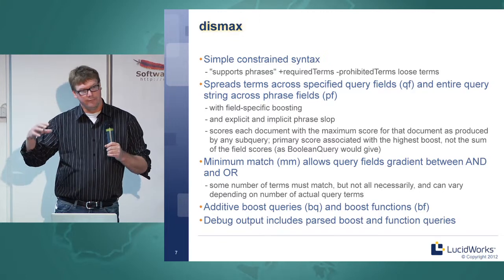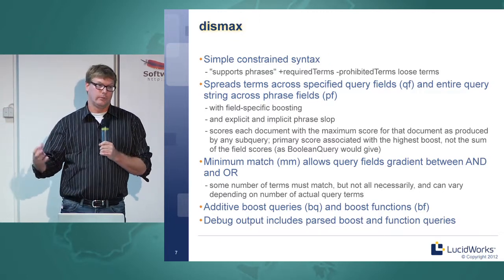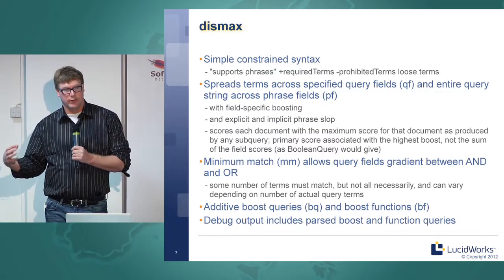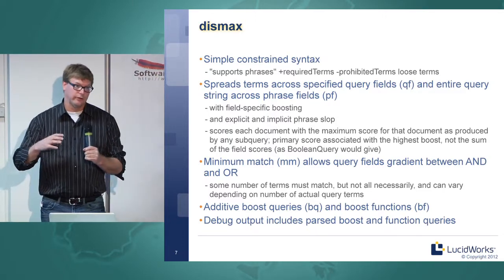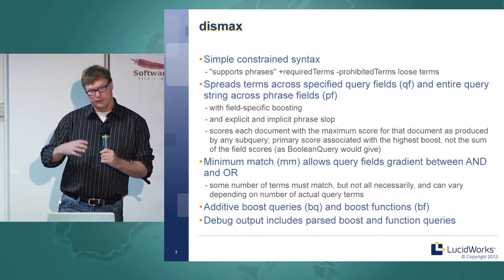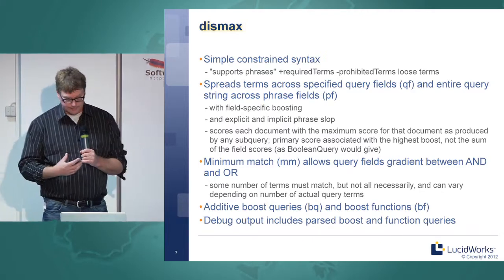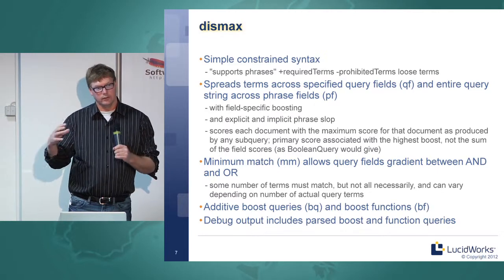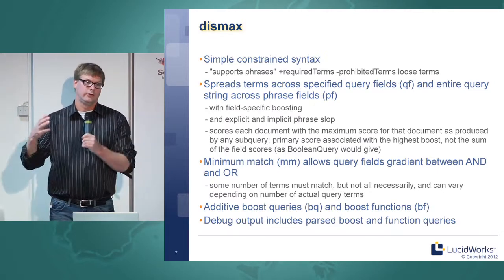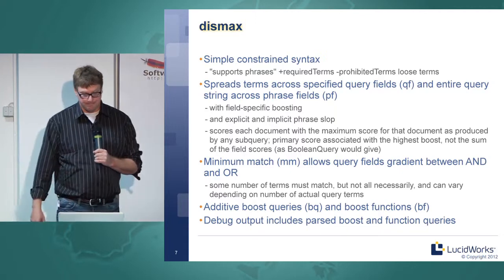This allows, if the entire set of terms matched a particular document within some proximity, and there's an implicit phrase slop that you can provide there, so that as long as those terms are within a certain proximity, those documents will bubble up higher.